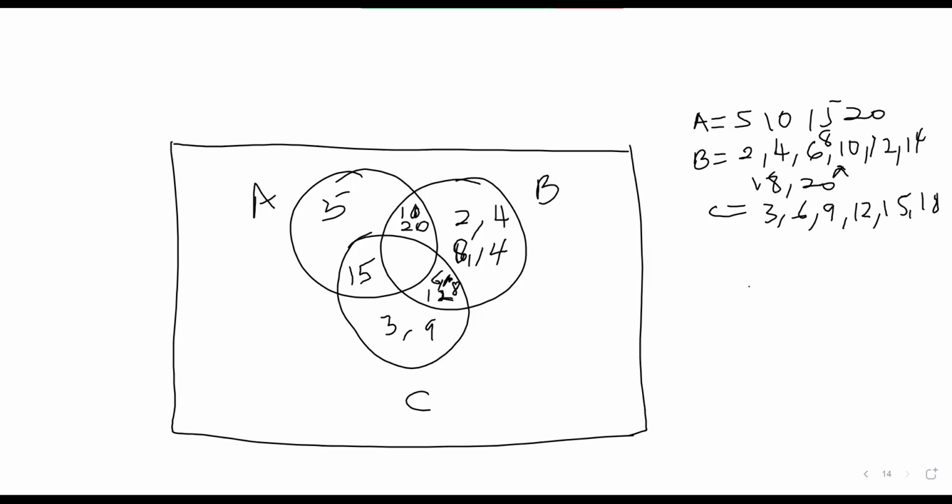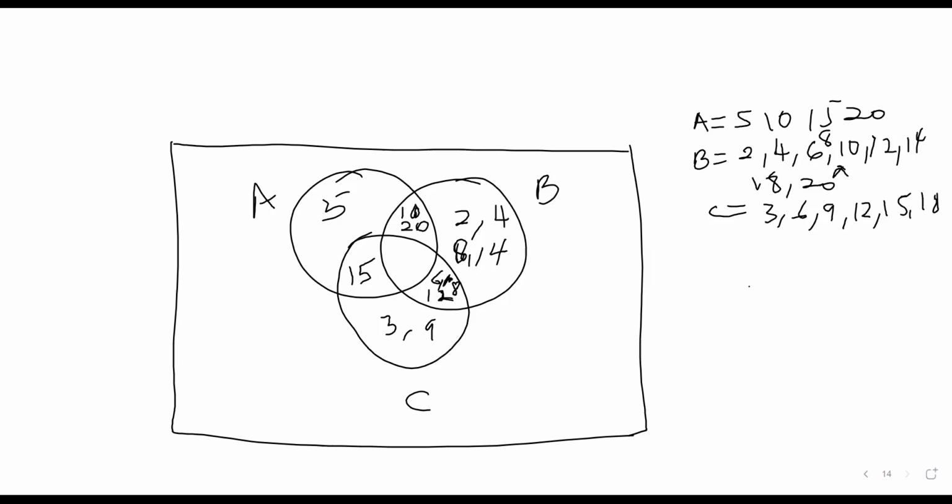Twelve we have already filled. 12 is common. So we filled it. Okay. So when we are looking at the universal set, yeah, it is common. No, it is not common, but it is in B. I had left it out there.